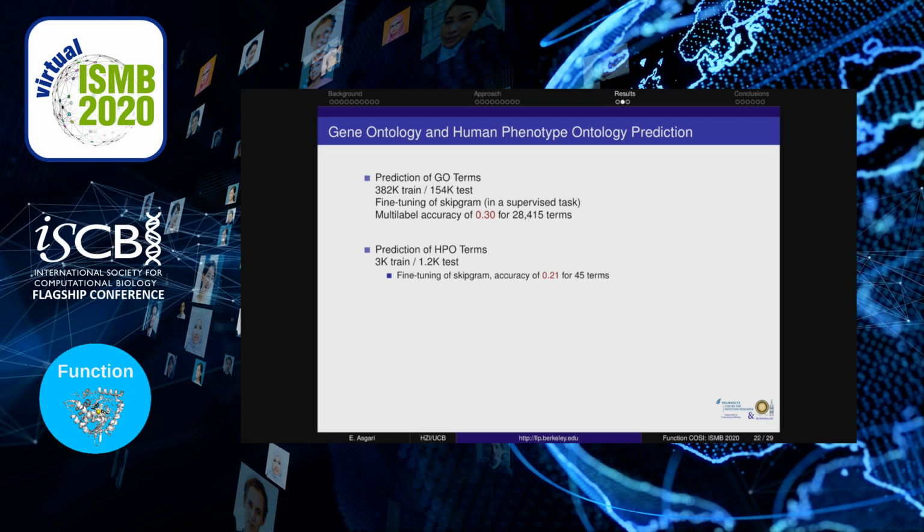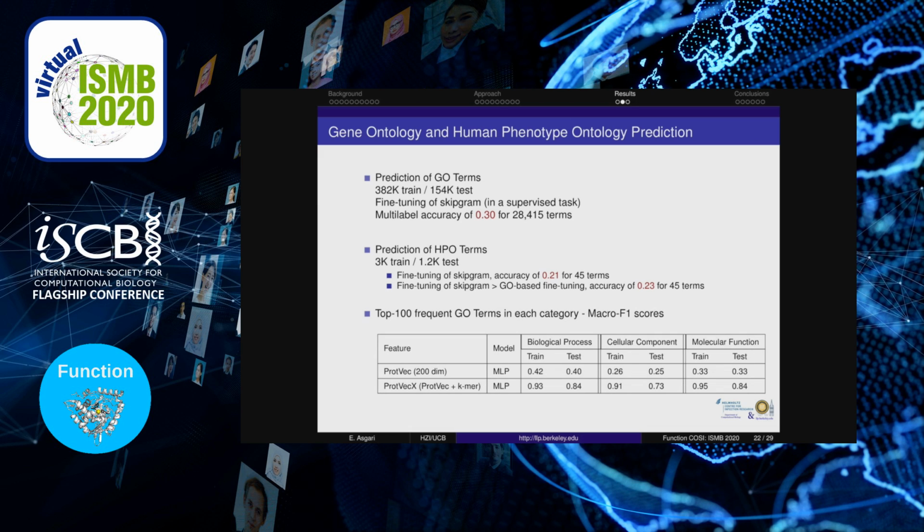Second, we fine-tuned the network that was trained for gene ontology prediction in the previous step. Now we fine-tune this already fine-tuned network, from gene ontology and Skipgram, this time for human phenotype prediction. And it increased the accuracy from 0.21 to 0.23.